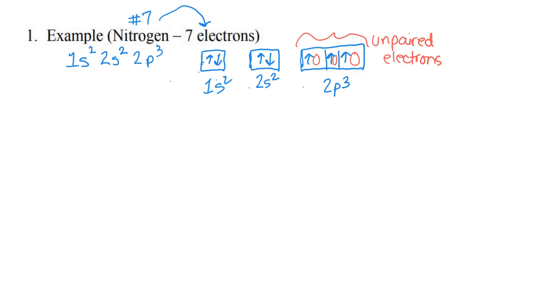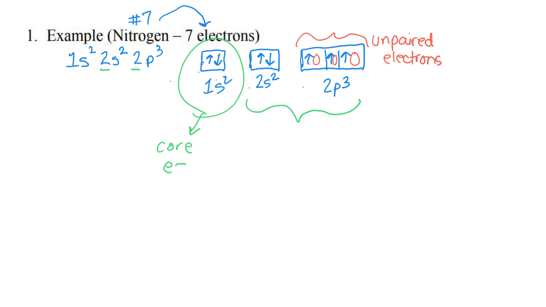The other thing we need to know is a couple of other terms. All of our inside energy level electrons are called core electrons. And all of our outside energy levels, not just the outside sublevel, but our entire outside energy level, which is the second energy level.